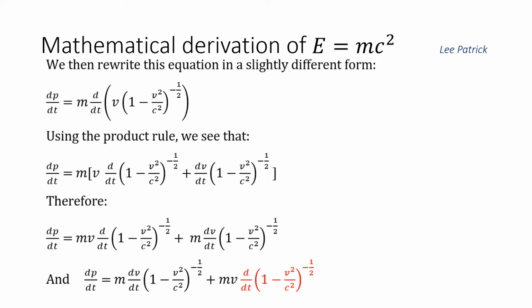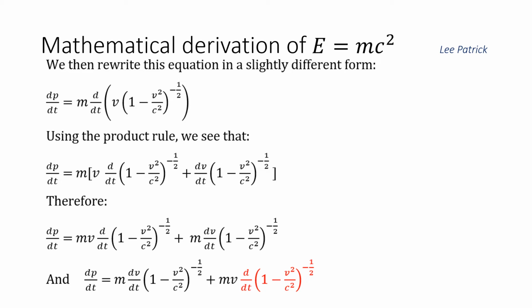Using the product rule, we see that dp/dt equals m multiplied by v d/dt of 1 minus v squared over c squared to the power of minus a half, plus dv/dt times 1 minus v squared over c squared to the power of minus a half.